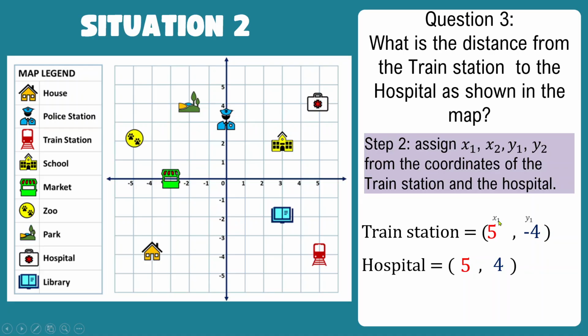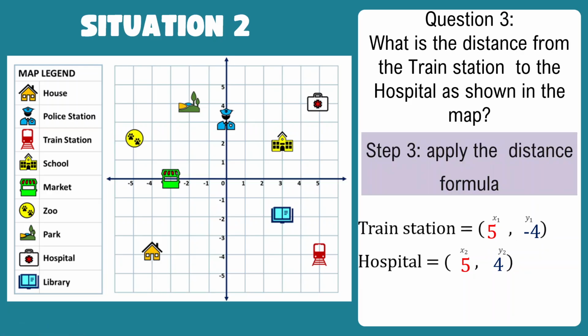And then the hospital should be your second point, so this would be your x sub 2, and this would be your y sub 2. Next step would be to apply the distance formula. The distance formula is the square root of the sum of the quantity square of x sub 2 minus x sub 1 and the quantity square of y sub 2 minus y sub 1.